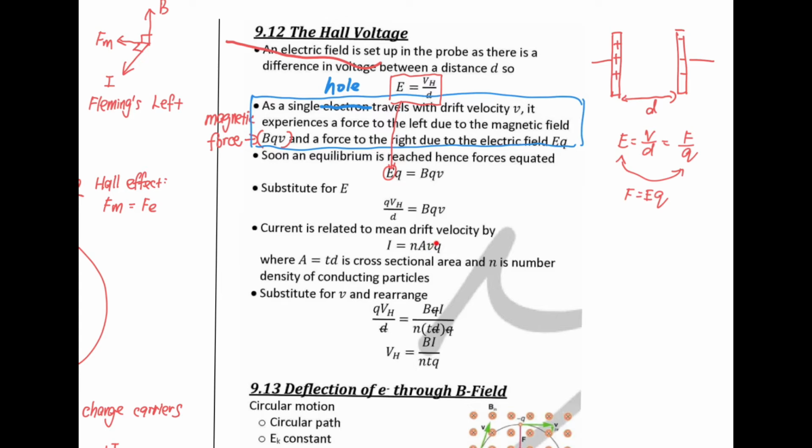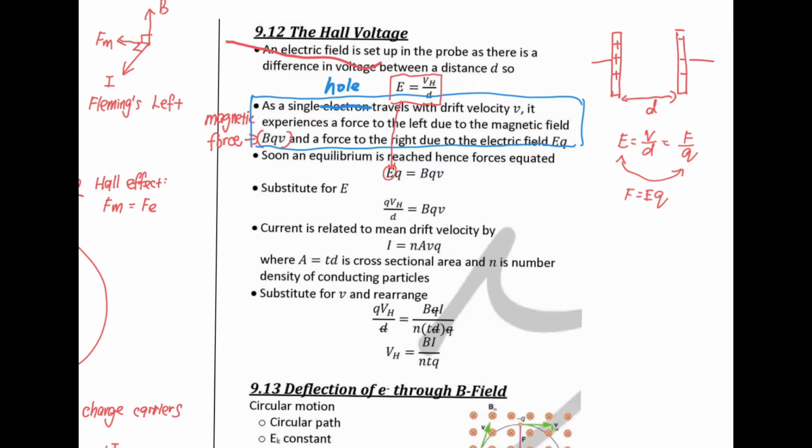So that is the drift velocity, so the V is there. So I equal to NAVQ, and after that, what is A then? What is A? We have to take A as T times D.